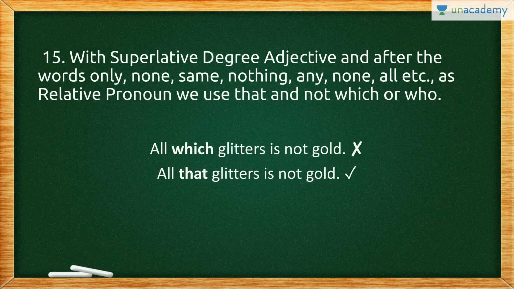So, with superlative degree adjectives and with these words mentioned here, we use that, not which or who. So, all which glitters is not gold. Now, since the rule says that we cannot use which with all, same, nothing, any, and similar words, we use that. All that glitters is not gold.